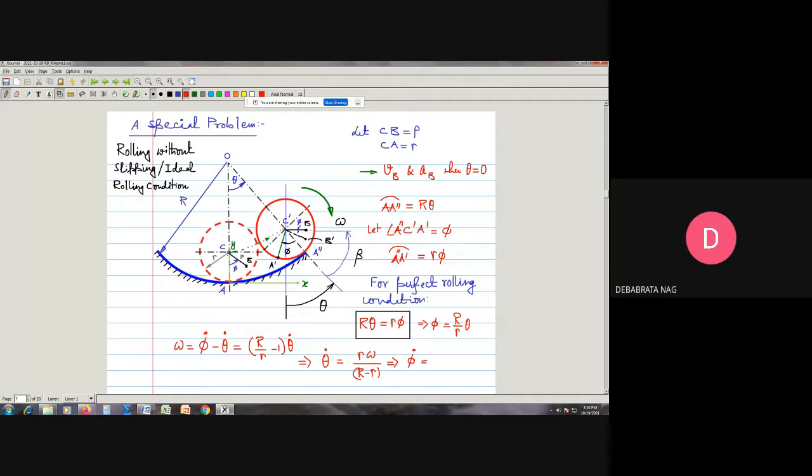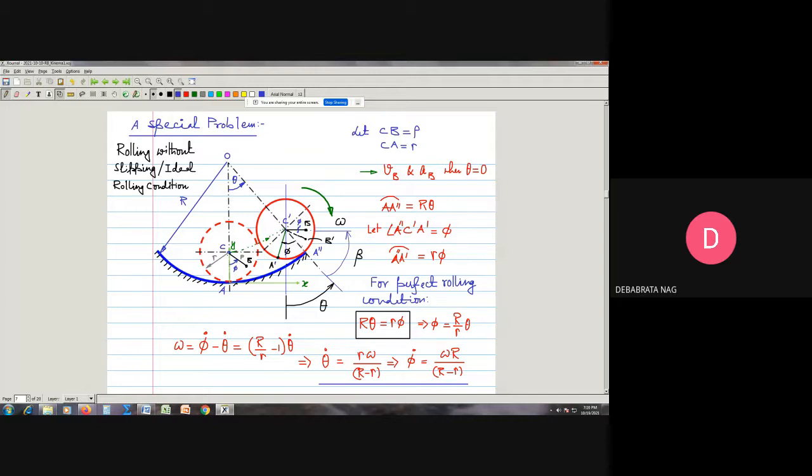That means we multiply this quantity by capital R by small r, and we see that it becomes omega into R by (R minus r). Here capital R is the bigger radius and small r is the smaller radius, so R minus r is going to be positive. So this gives us the time derivatives of the angles in terms of the angular velocity of this rigid body.